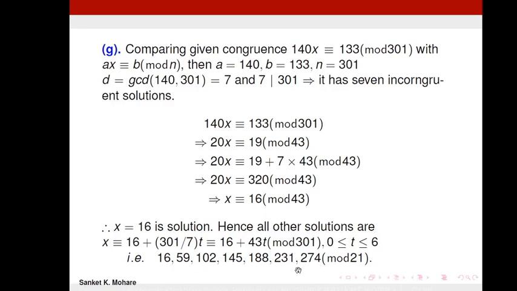So these are the incongruent solutions for this congruence, and all other solutions for values of t greater than or equal to 7 are congruent to some of these. So x equals 16, 59, 102, 145, 188, 231 and 274. These are the incongruent solutions of the congruence 140x congruent to 133 modulo 301.